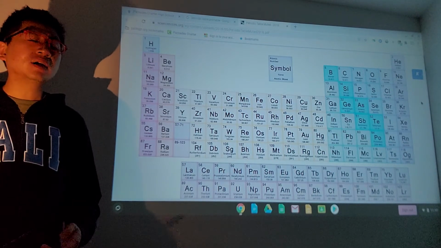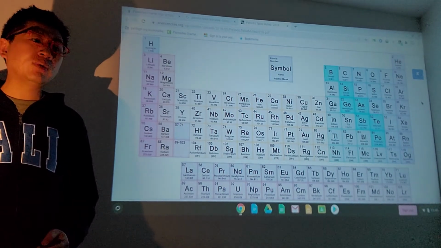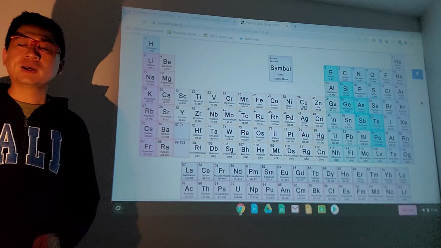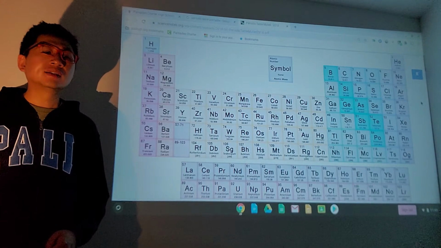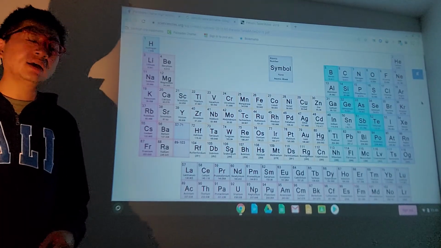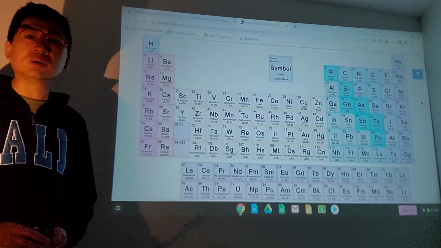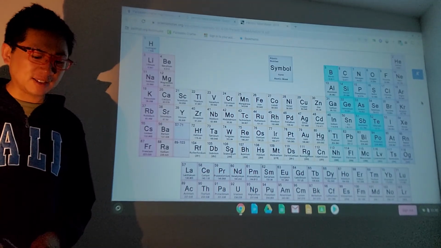So the symbols are the same internationally, however, they may be pronounced or said differently depending on where in the world you're at. So I will be using the American pronunciation of these elements. And again, the symbols do not change internationally.